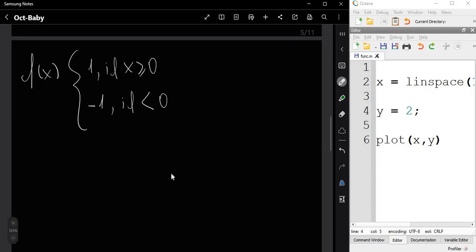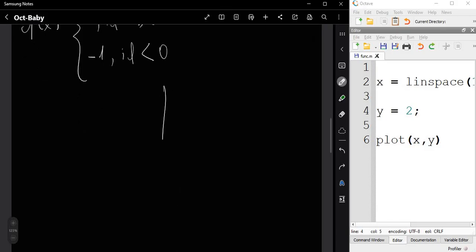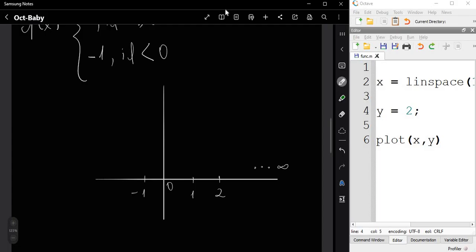so right here, the construction is basically based on its graphic. So we have to do this graphical analysis visually: 0, 1, 2, and it can even go to infinity, and -1, -2.